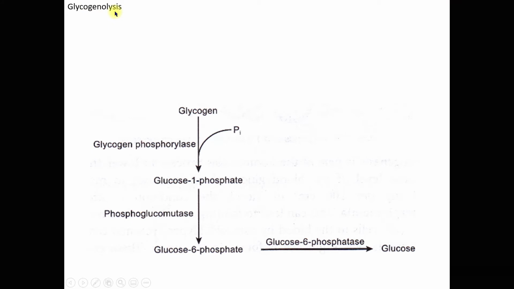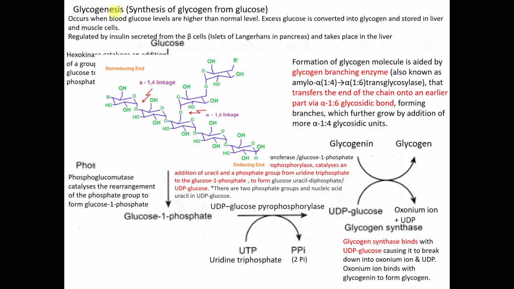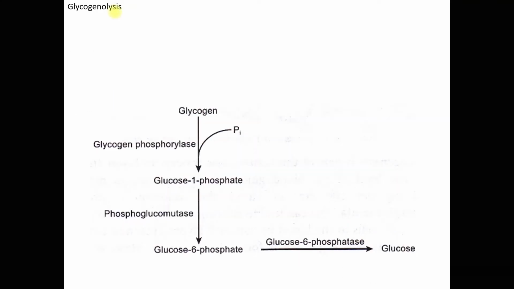So glycogenolysis is the opposite of glycogenesis. In glycogenesis you get glycogen. In glycogenolysis you get glucose. It's the breakdown of the glycogen.